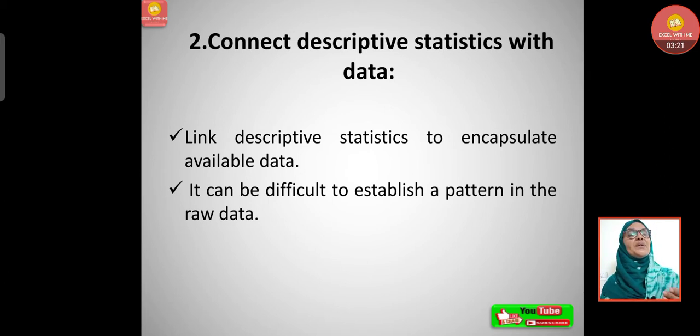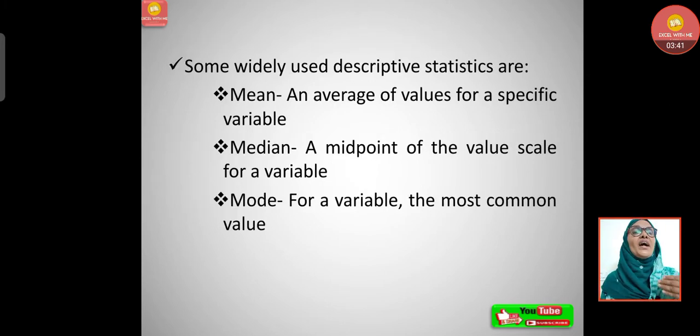It can be difficult to establish a pattern in the raw data. Obviously, if I am taking raw data, it is not possible for me to do all the statistics on the raw data. We have to convert them. That will become easy. Then some widely used descriptive statistics are mean, median, mode.